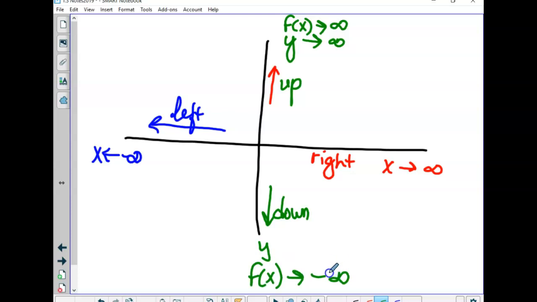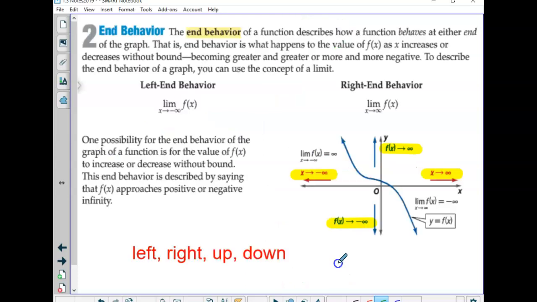Now you can all tell me those things, but then we go to do end behavior and it gets real crazy. So one more time. When we talk about right end behavior, we're talking about what is happening as x approaches infinity. And there are two options. It can go up, which would be y approaching infinity, or down, which would be y approaching negative infinity.